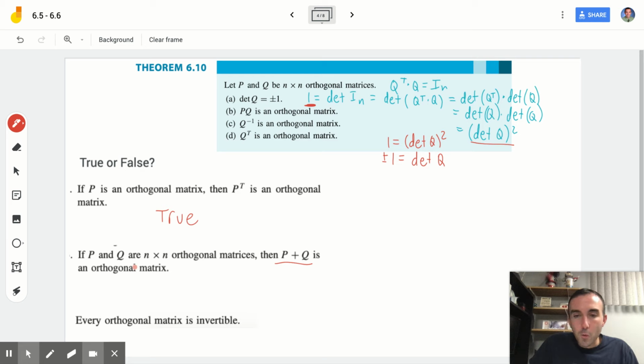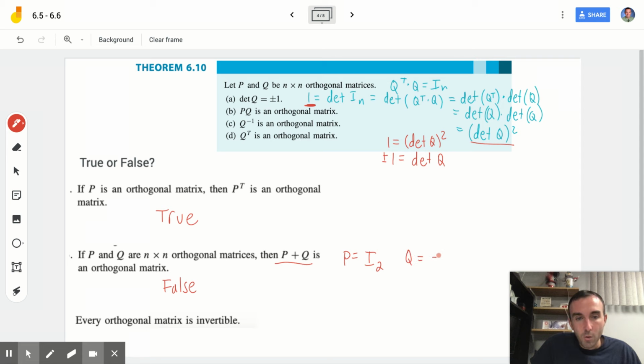And the answer to this one, I hope you got correct, was false. Adding two orthogonal matrices up likely will not preserve a lot of the properties we discussed. And a great example could be, we talked earlier in the course about using ones and zeros and identity matrices to prove things wrong.